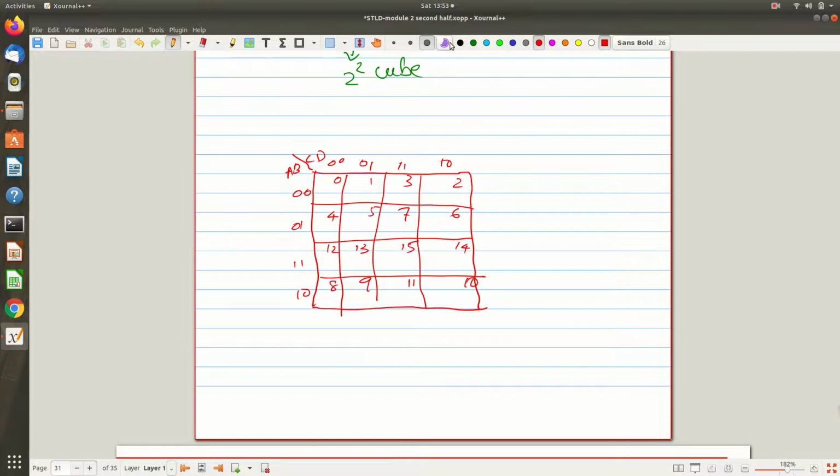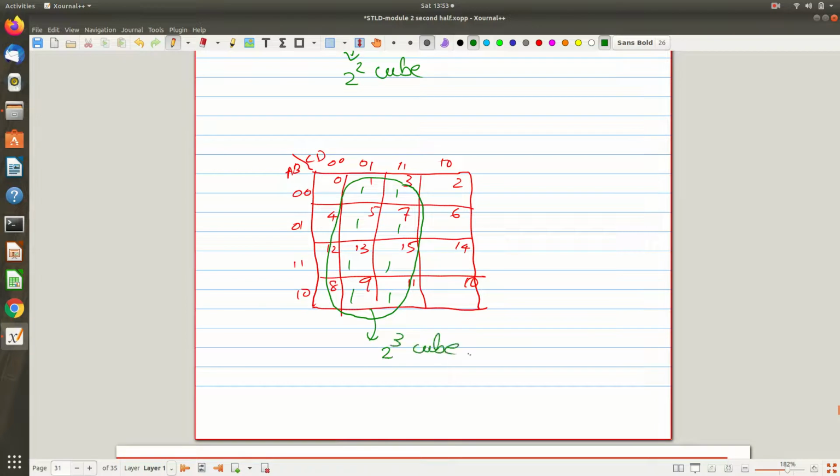Now if I have something like this, the minterms which are active are 1 3 5 7. I'm just taking an example. Maybe some other minterms are also there. Then we can directly have a group of 8 cells. What is 8? It's a 2 power 3 element cube.